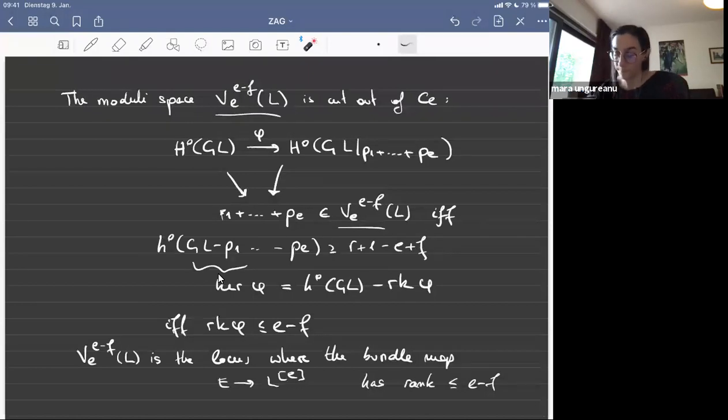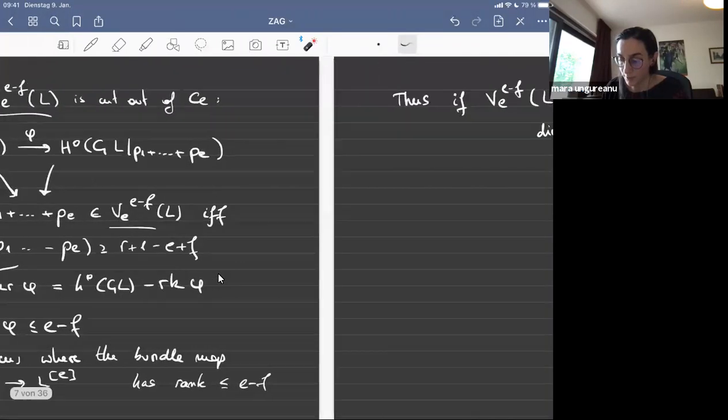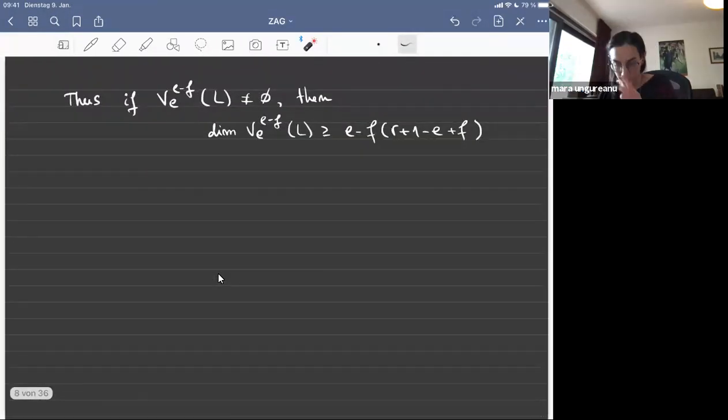the secant variety parameterizing these secant planes. All right. So this is how you construct it. And because of this construction, you can also conclude, there's a theorem that tells you that if you have a degeneracy locus constructed in this way, then if it's not empty, you have an expected dimension for it.